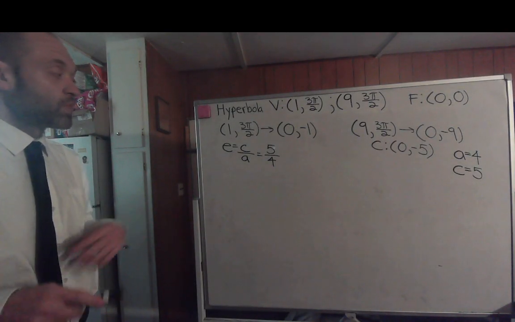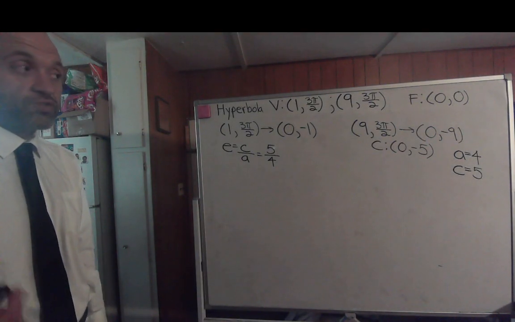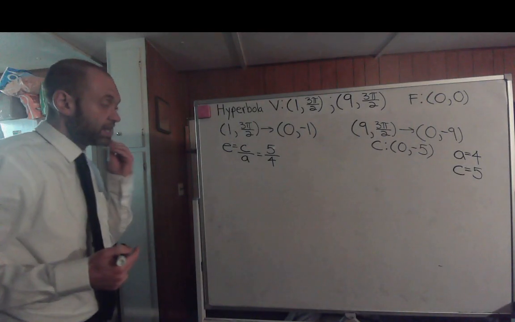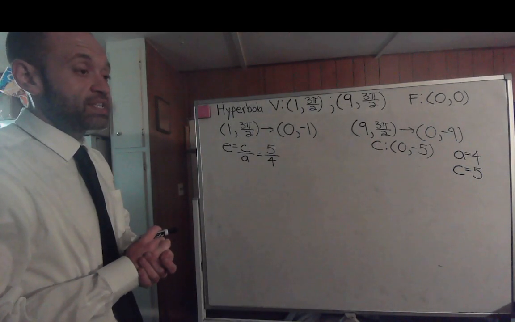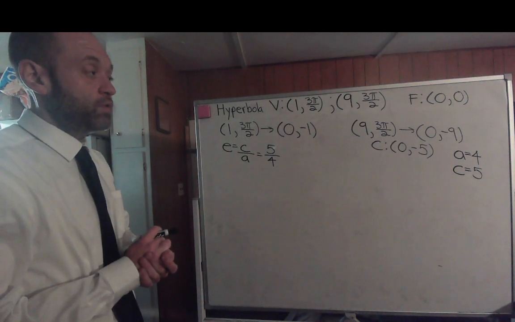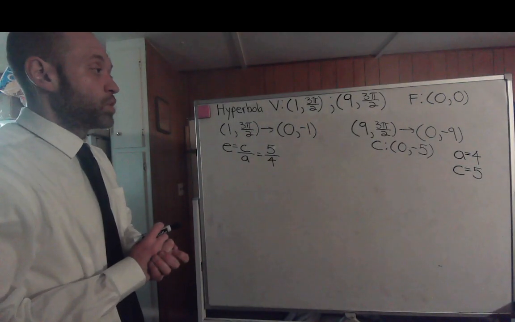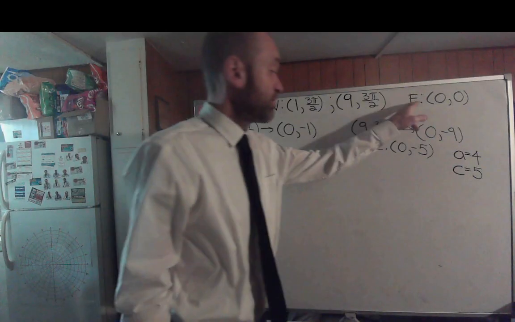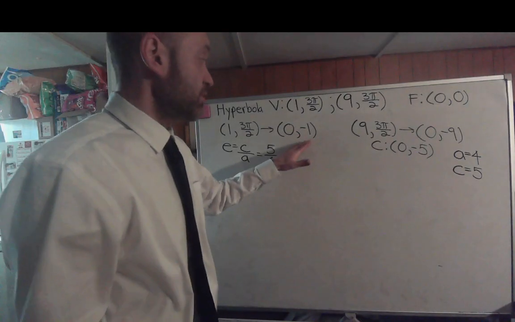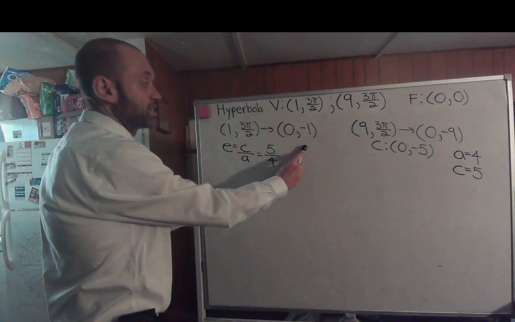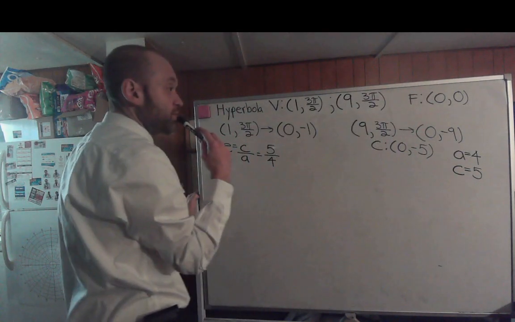Now, the next thing we need to do is work on finding the directrix. It's true that, again, a vertex is always in between a directrix and a focus. So if we have a focus at (0, 0), and we'll even work with (0, -1), we have a vertex at (0, -1) and a focus at (0, 0).